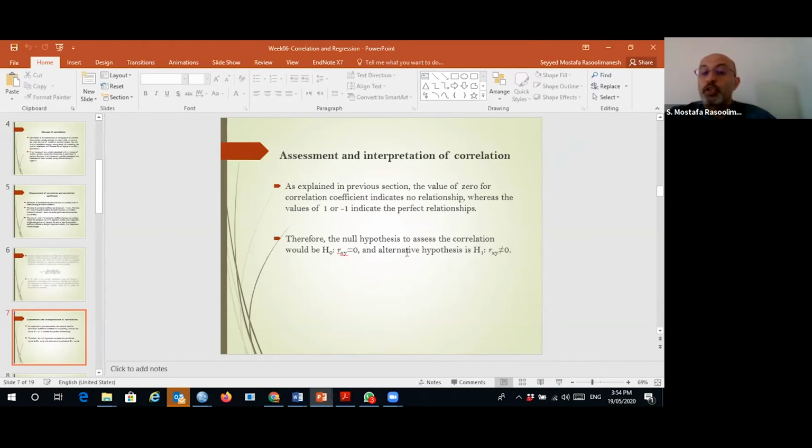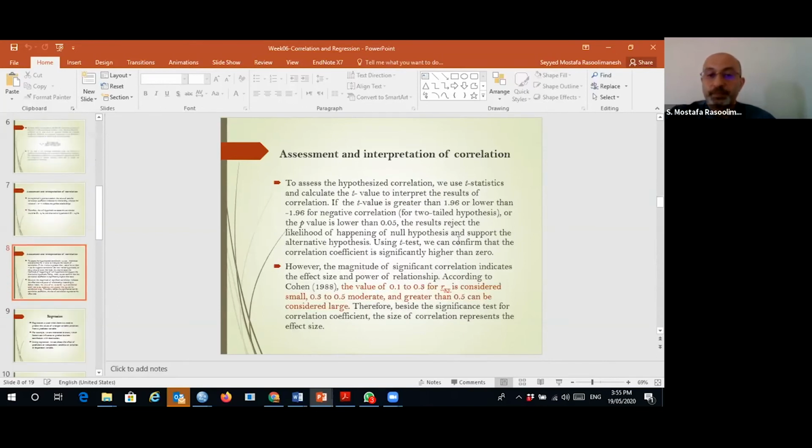So this is the way that we hypothesize correlation, with one-tail and two-tail hypotheses. The null and alternative hypotheses for correlation are based on the correlation coefficient. Equal to 0 is the null hypothesis, and unequal to 0 is the alternative hypothesis.